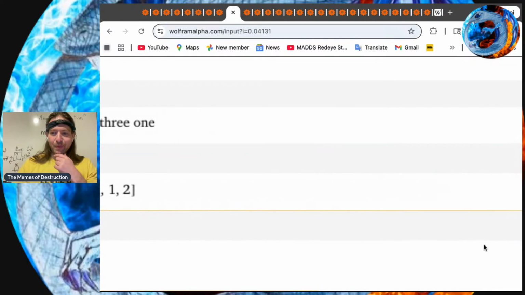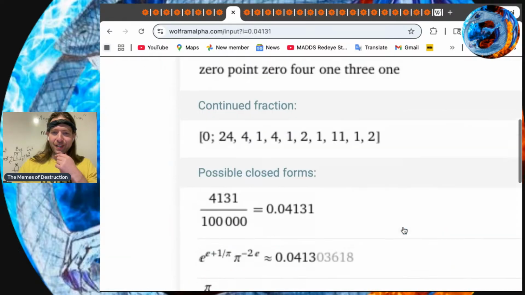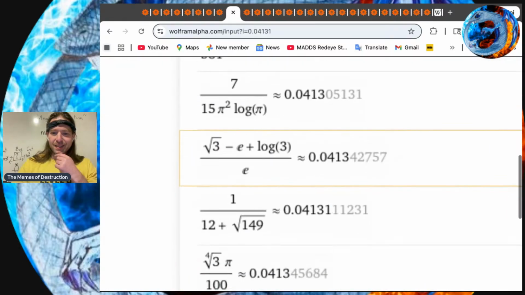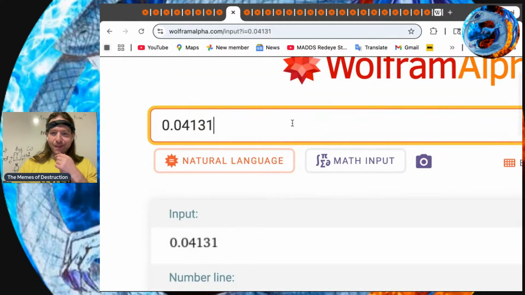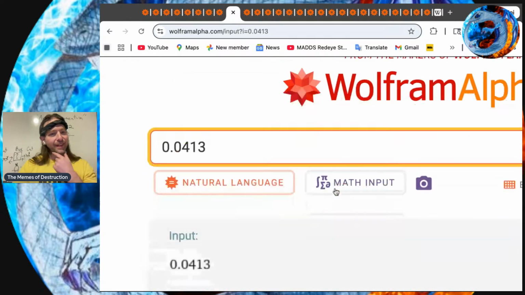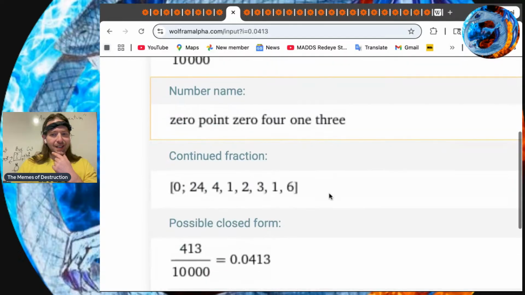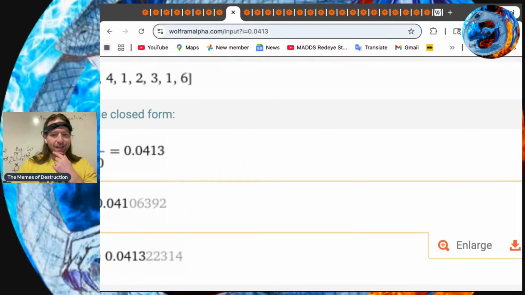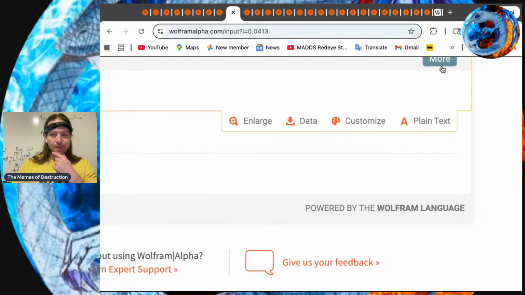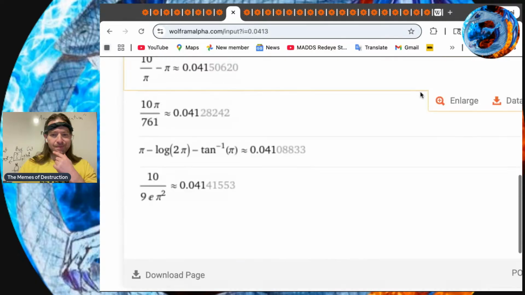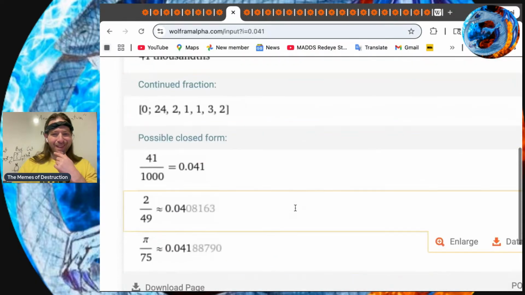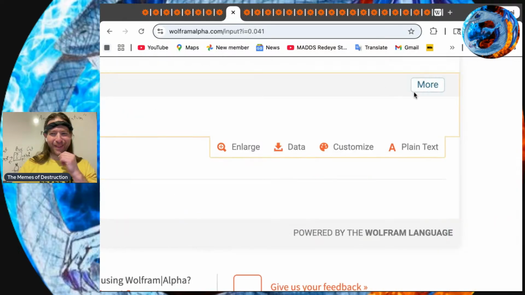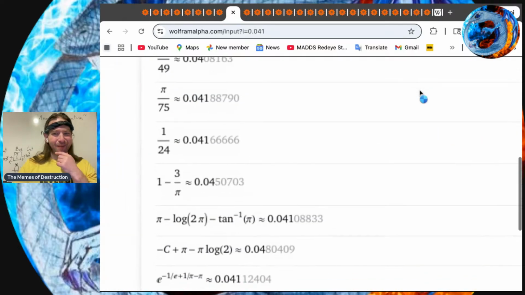Okay, let's look for some closed forms potentially. All right, got some potential things there. I can't really parse that. Let's look a little bit over here. All right, so 5 over pi to the 4, blah, blah, blah. Okay. And again, we don't necessarily know because we only had one significant digit of information there.